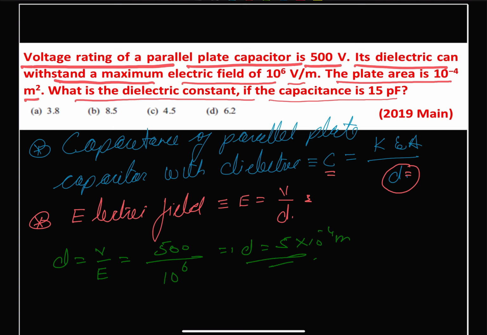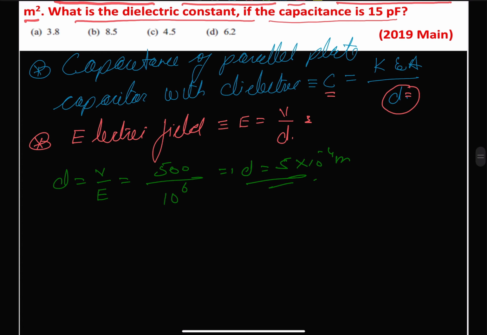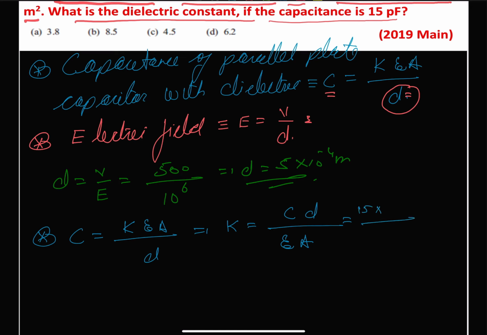Now we can straightforwardly find out our dielectric constant. C is equal to K epsilon naught A upon D, which gives us that K is equal to C times D upon epsilon naught A. C is given as 15 picofarad, 10 to the power minus 12, and D we found out is 5 into 10 to the power minus 4.